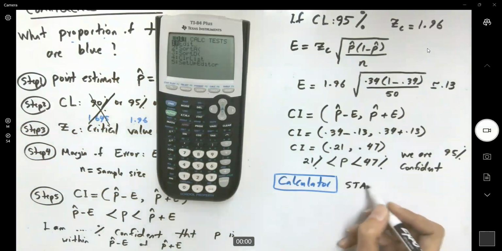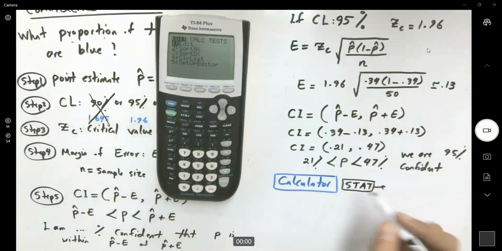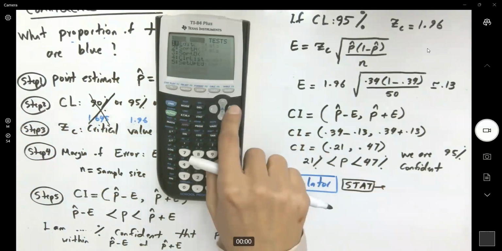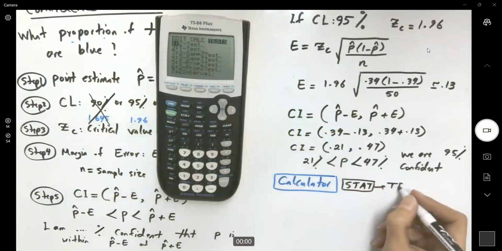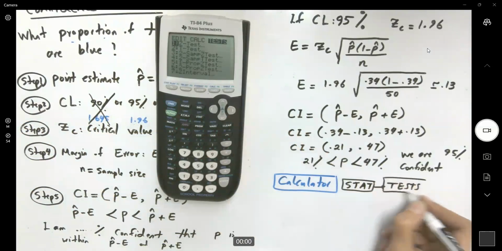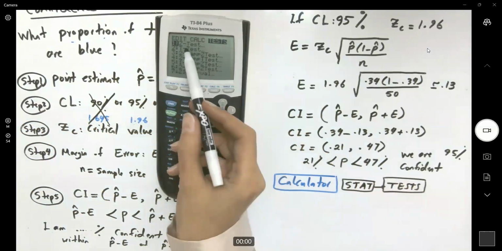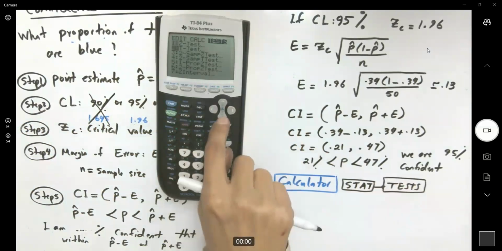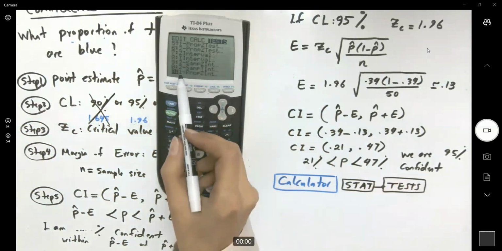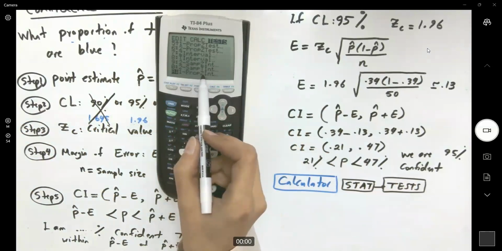So go to stat and then find tests. Let's go to tests. Then we need to find one proportion z interval.